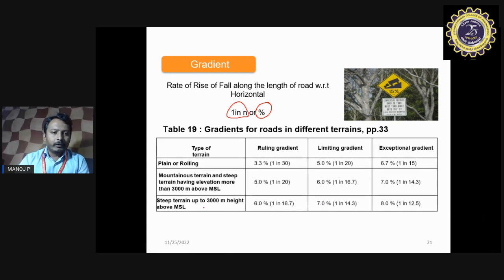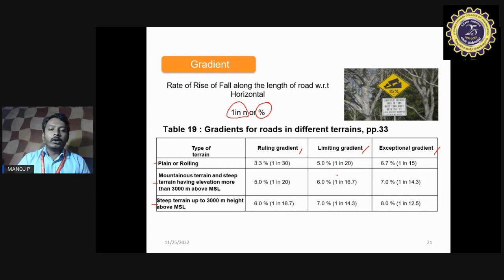There are three types of terrain: plain terrain or rolling terrain, mountainous terrain, and steep terrain. For these terrain conditions, there are three types of gradient: ruling gradient, limiting gradient, and exceptional gradient. Normally, a designer will design for the ruling gradient, considering there are no other obstructions.